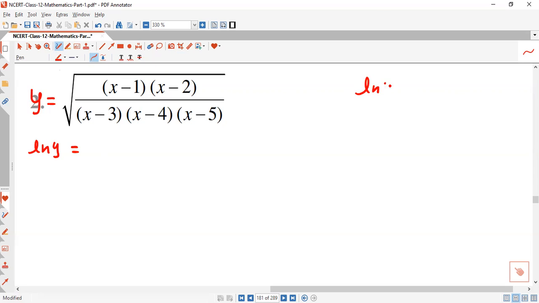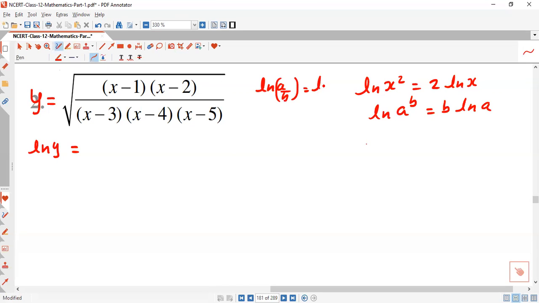Log of x square will be 2 times log x. In general, log of a raised to b can be written as b log a, and we are using these formulas here. Also, log of a upon b can be written as log a minus log b.